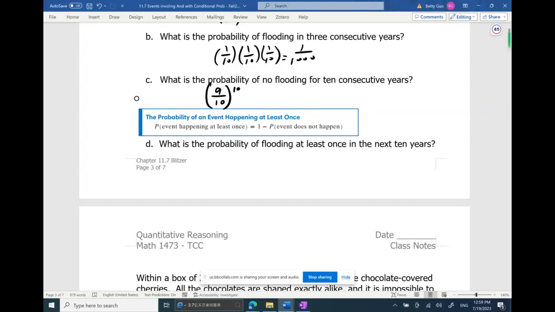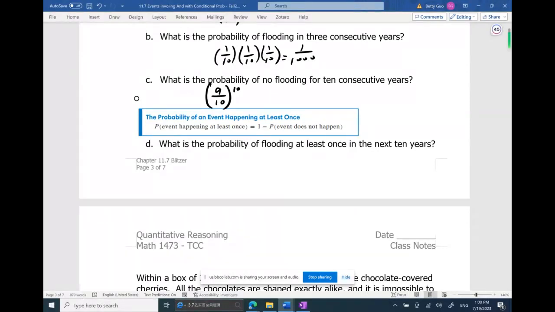It could also include the case that flooding happened exactly twice, any 2 of the 10 years, or exactly 3 times, exactly 4 times, exactly 5, 6, 7 times, so many cases. Do you see what I'm talking about? If we directly compute the probability of flooding at least once over the 10 years, there are many cases to consider, not convenient at all.